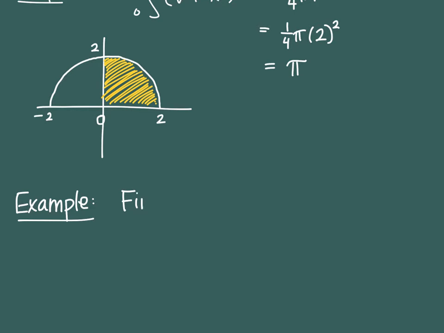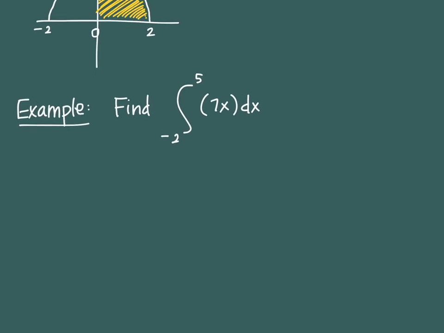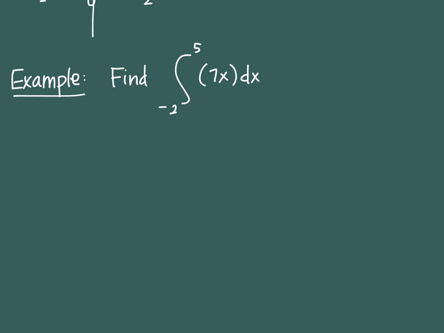All right, finding the integral. This time, it starts at a value of -2 and ends at 5. The function is 7x, and it's related to the x-axis. That dx always means that the base of this is considered to be the x-axis. Again, we want to think of this geometrically.